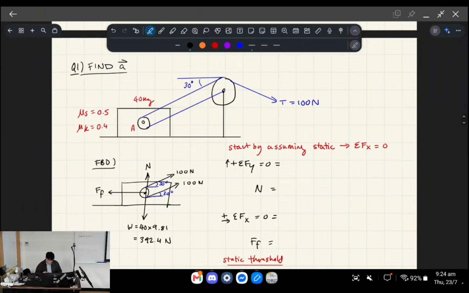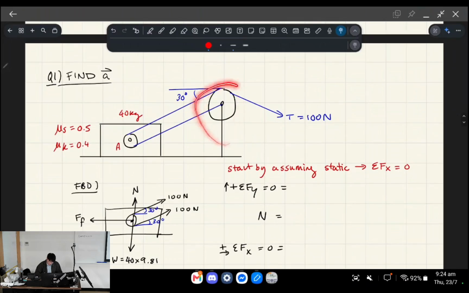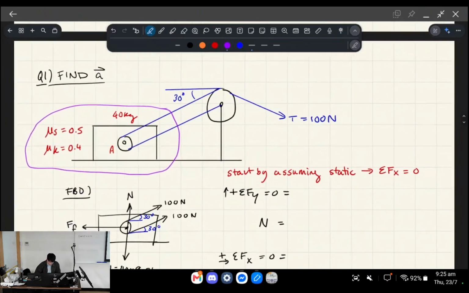We're just going to do that, except we're going to add on the layer of complexity which comes from there being pulleys, okay? So in this question, we've got a fixed pulley over here, and we've got a moving pulley over here. So we're interested essentially in this free body diagram of the box and the associated friction.